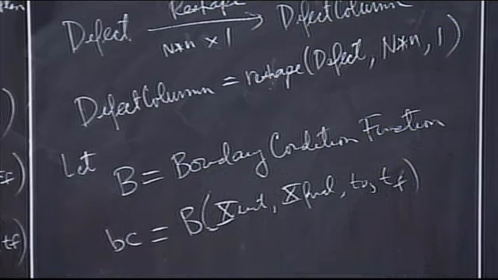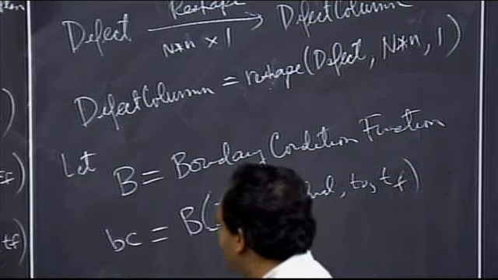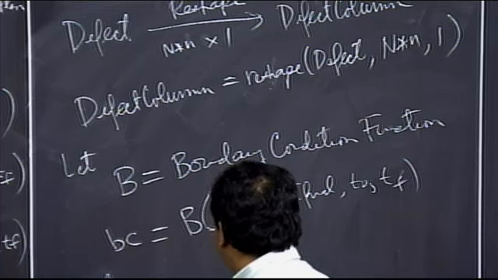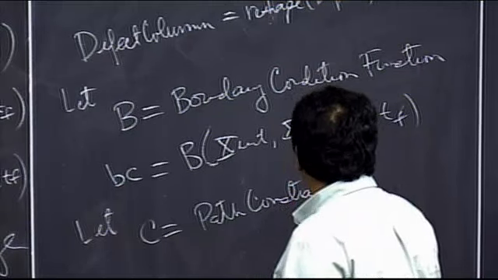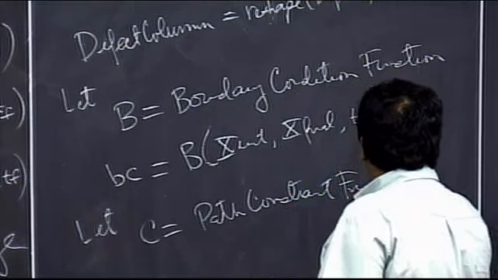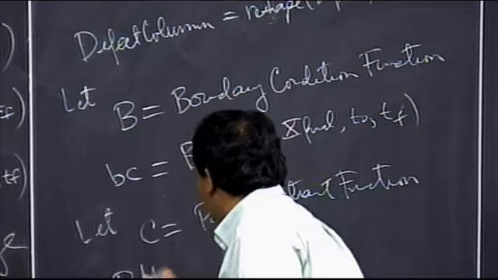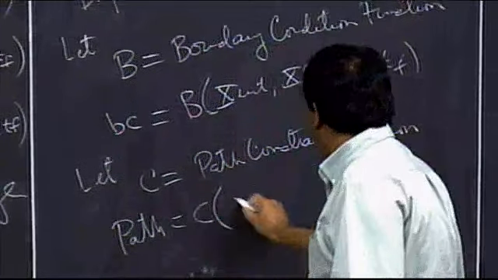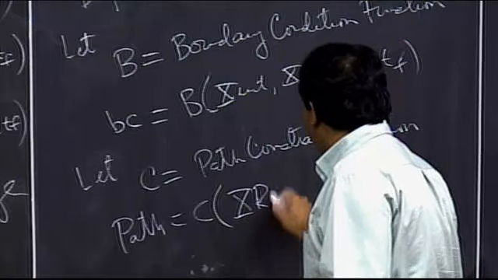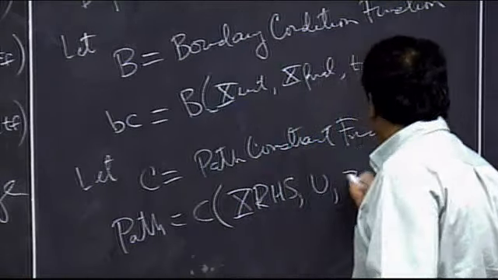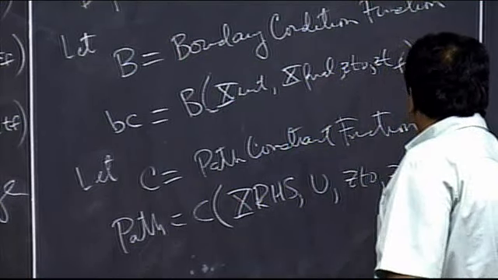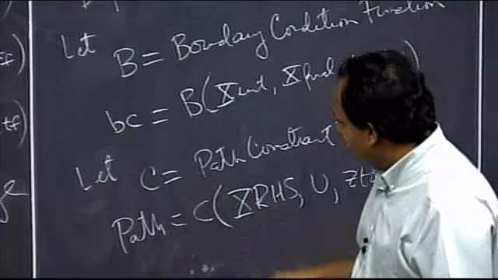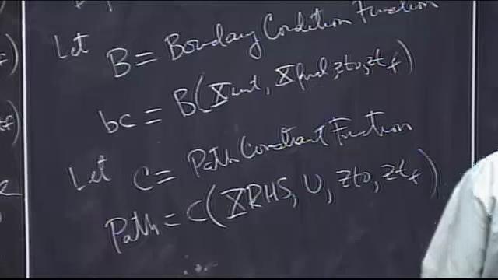And then I do the same thing with the path constraints that I did with the defect constraints. If I have path constraints, let C equal the path constraint function. Then my path is going to equal C evaluated at X, right-hand side, U, ZT0, and ZTF. And this, of course, is going to be the wrong size too, because it's going to be a matrix.